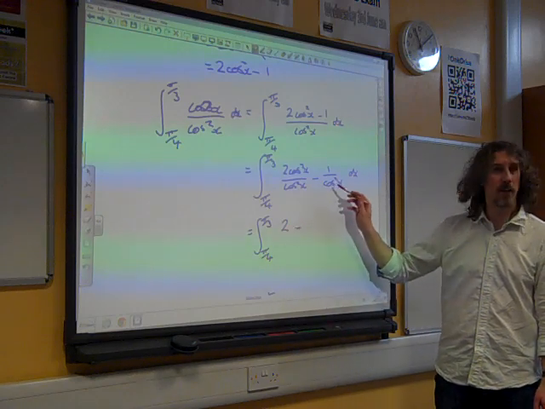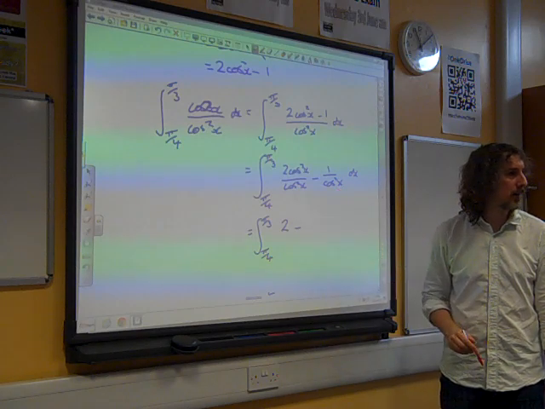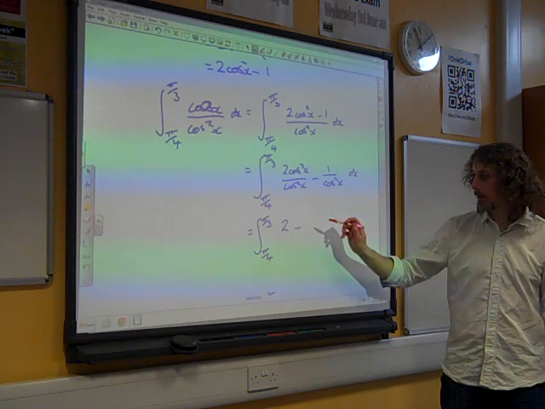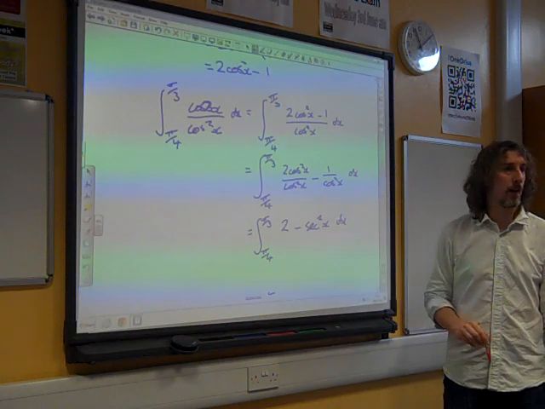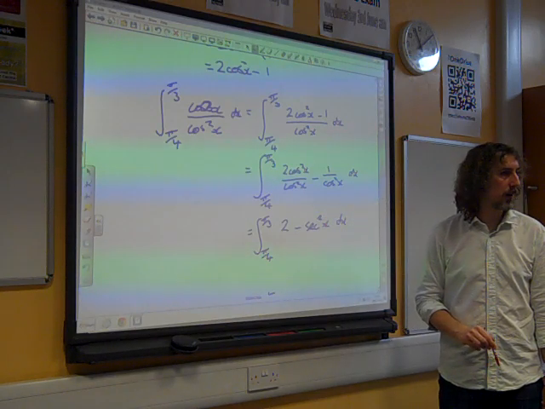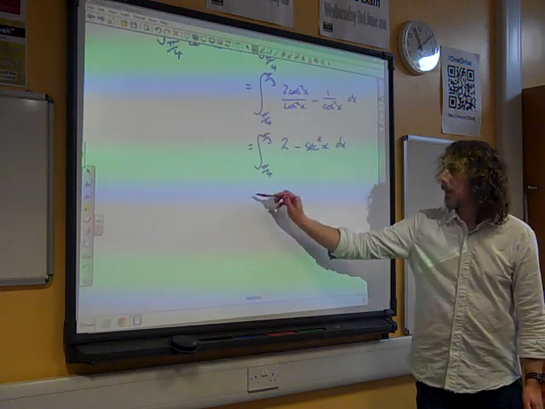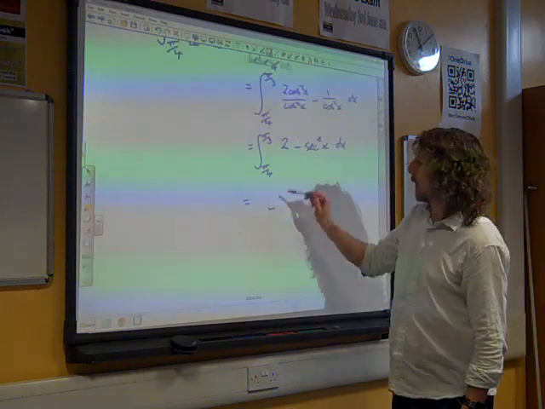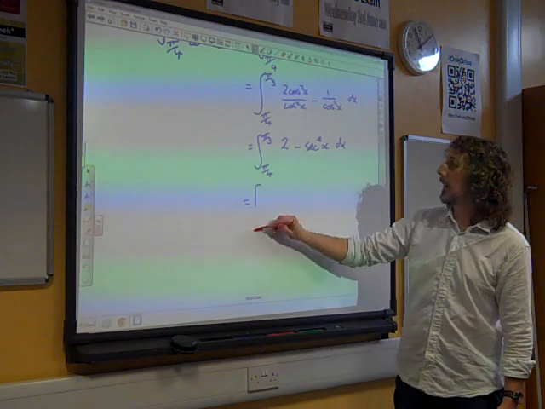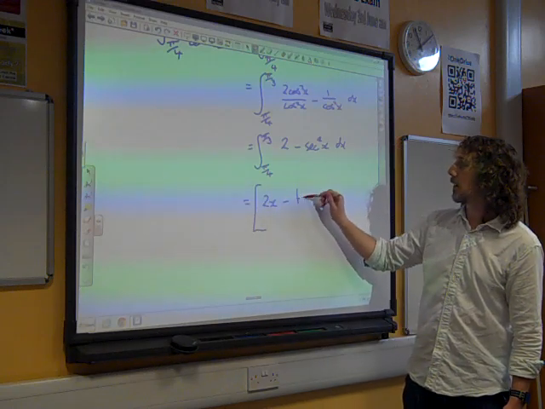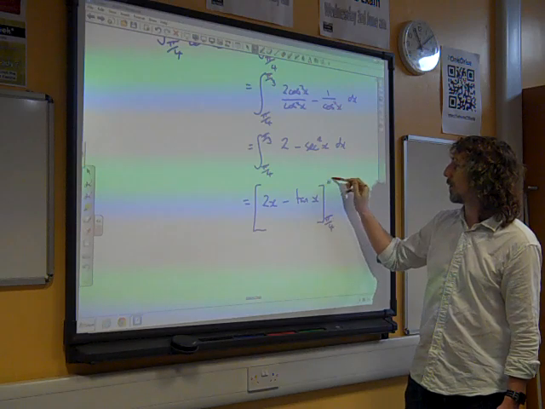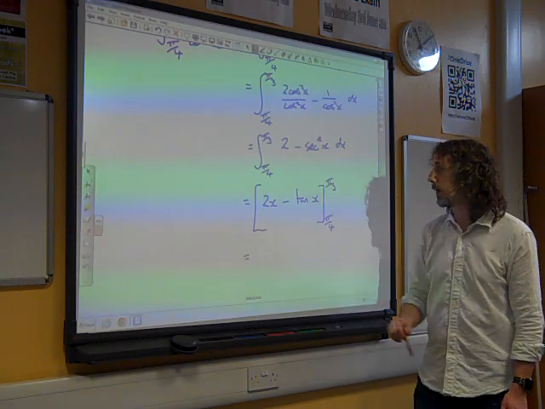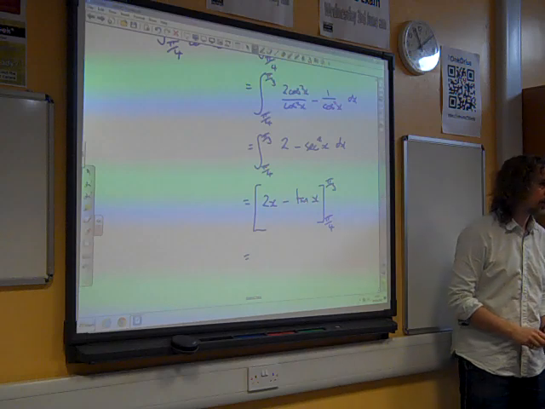And can you see how nicely this has worked out? 1 over cos squared x is sec squared x, which is a good thing to have appearing in an integral. So we've now ended up with something quite nice to integrate. We get 2x minus tan x, between pi over 3 and pi over 4.